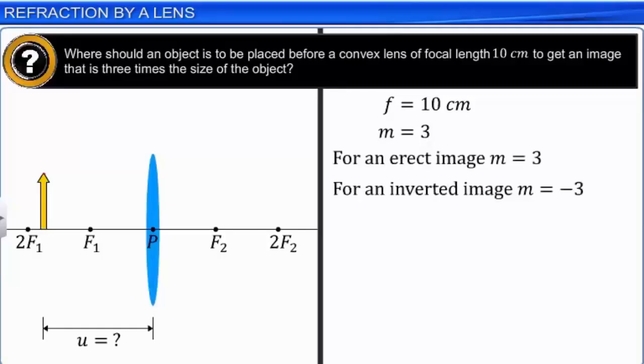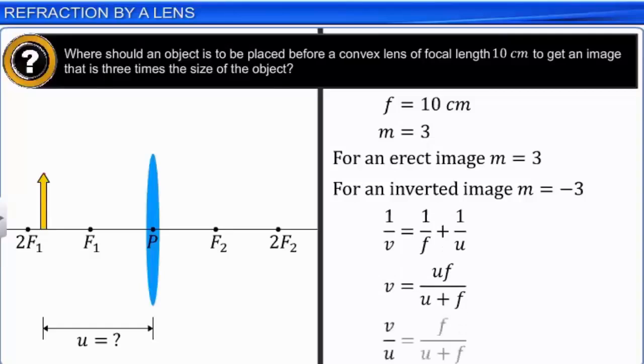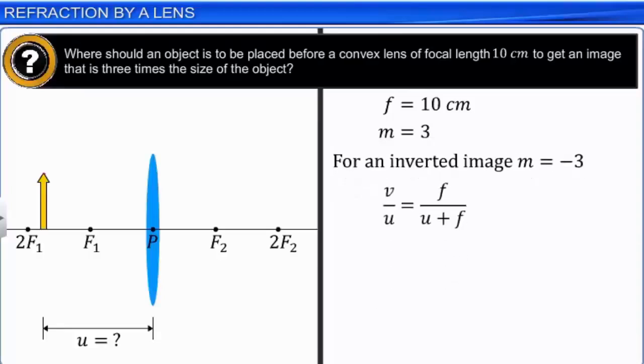On rearranging the terms, we get V by U is equal to F by U plus F. Therefore, linear magnification M is equal to V by U, which is also equal to F by U plus F. If the image is real, then minus 3 is equal to 10 by U plus 10.